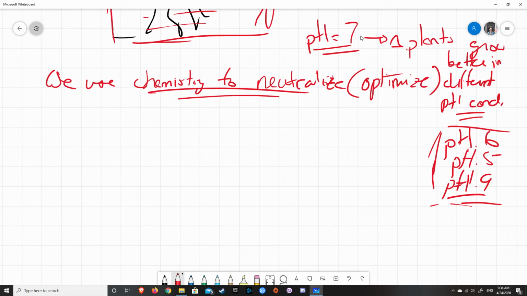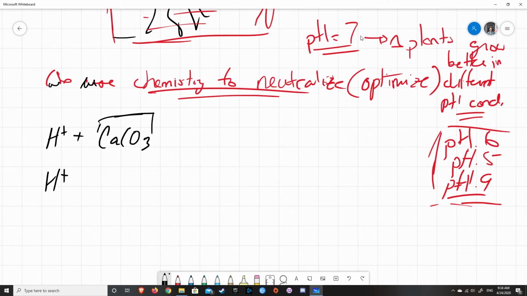So it depends on what crop you're growing as to what we want to balance the pH to. But we use chemistry to neutralize it, through those reactions that we saw before. I'm not going to draw the counter ions, but these all have counter ions. It could be H plus, like a dilute nitric acid, but I'm not going to draw the nitrate ion. So H plus reacts with calcium carbonate, and another word for calcium carbonate is limestone.